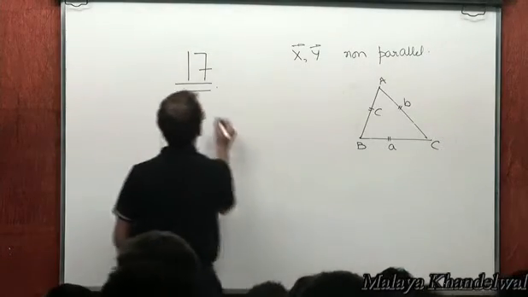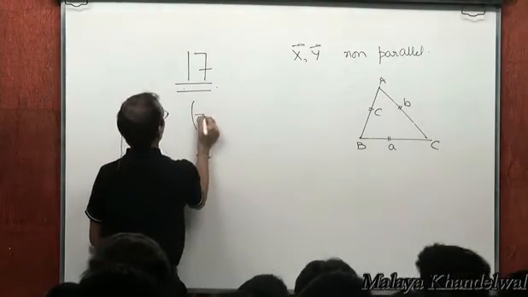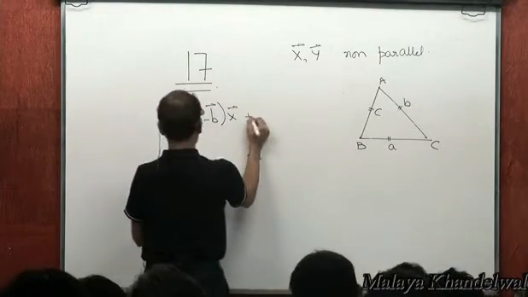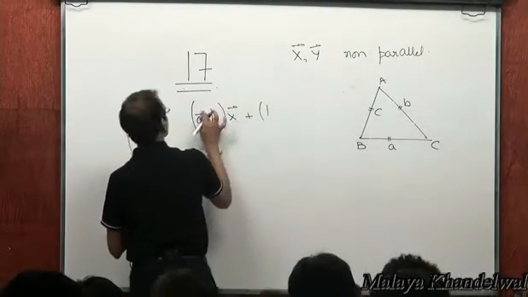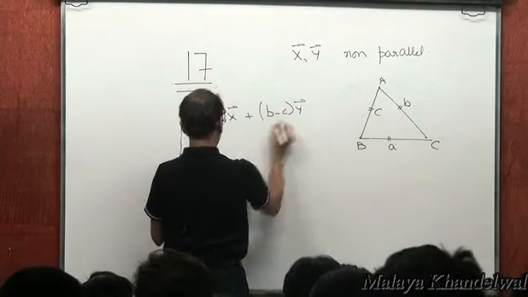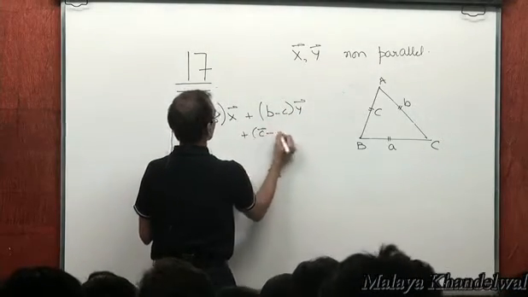It's given that a minus b times the vector x, plus b minus c times the vector y, plus c minus a times x cross y is 0.